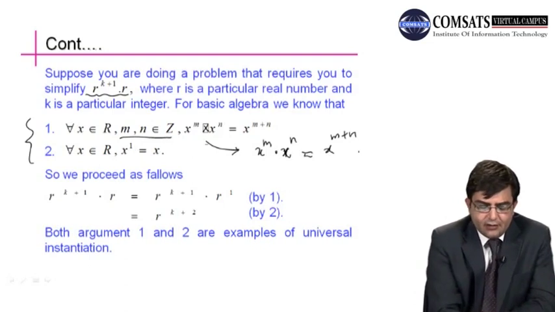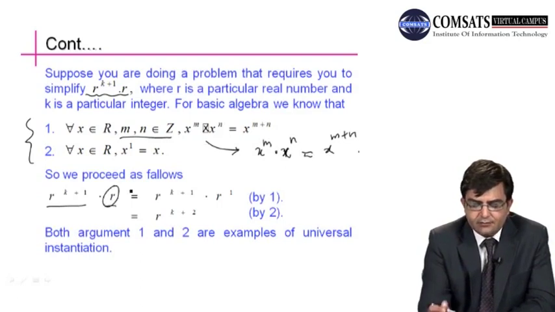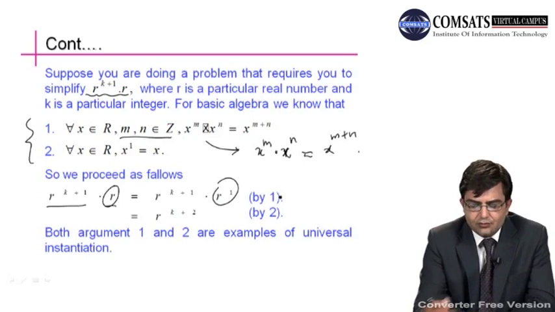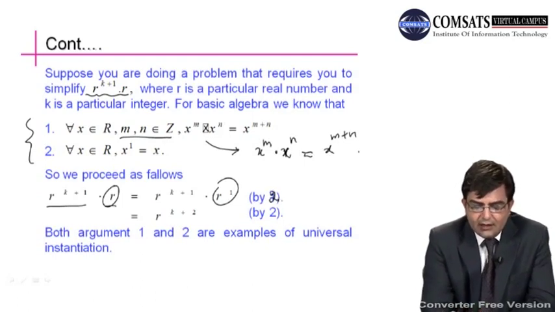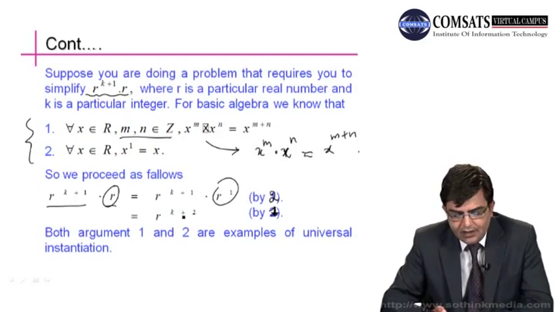So we proceed as follows: r^k times r. Now r can be written as r^1 using rule 2. Now we can use rule 1 here and add the powers of r. k plus 1 is k plus 2.